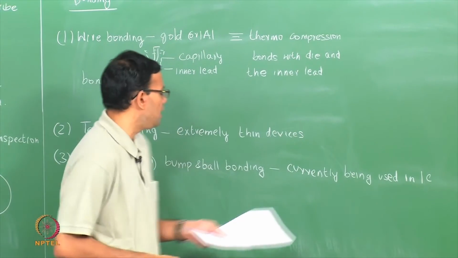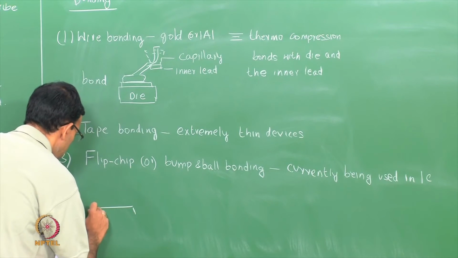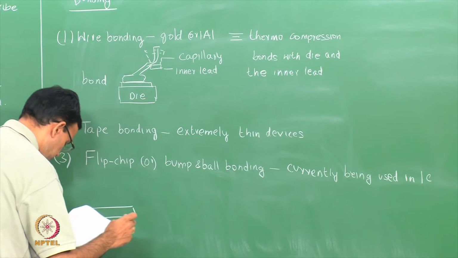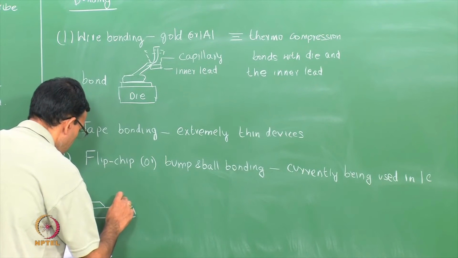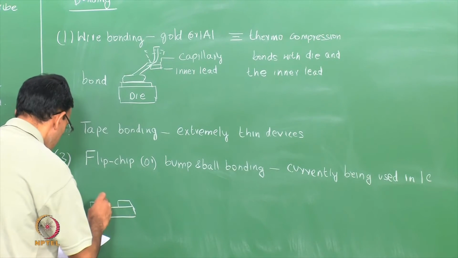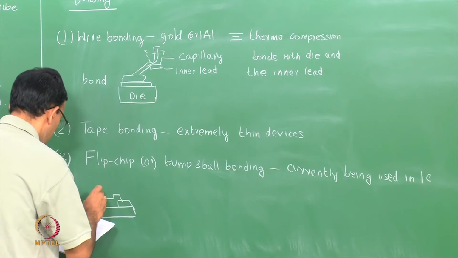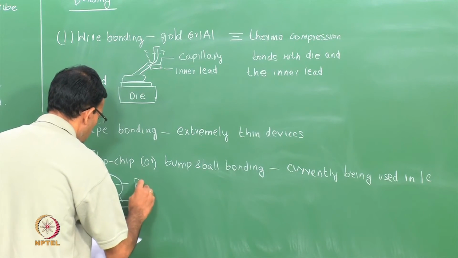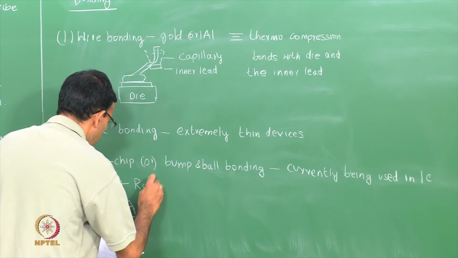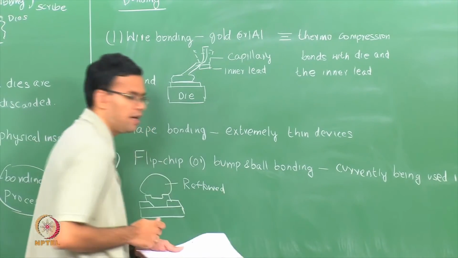In this particular idea no wires are used. This is your schematic of the die. In this case a solder material is melted and then flowed on to the connection.